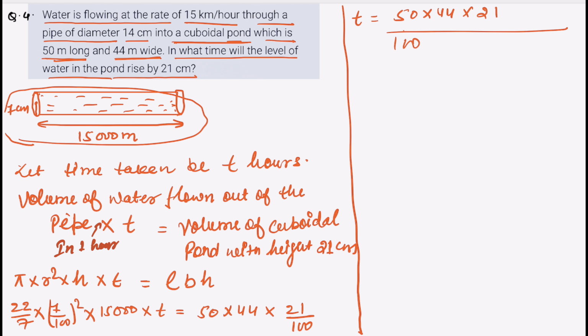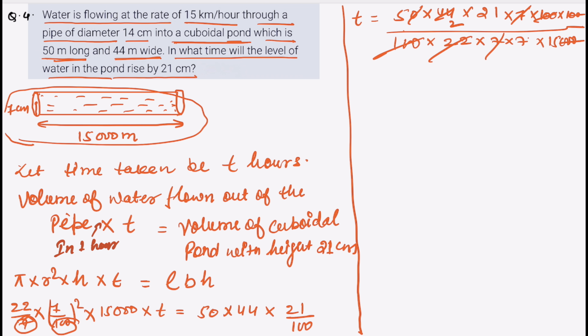And from the left hand side, this 7 and 100 into 100 will go into the numerator. That is equal to 7 into 100 into 100 upon 22 into 7 into 7 into 15,000. Okay, so from here we can cancel. This 7 will cancel, this 100 will cancel, and these three zeros will be cancelled by these three zeros.